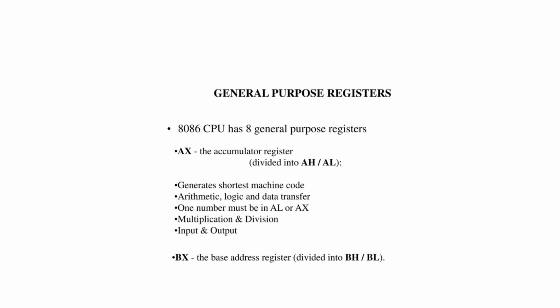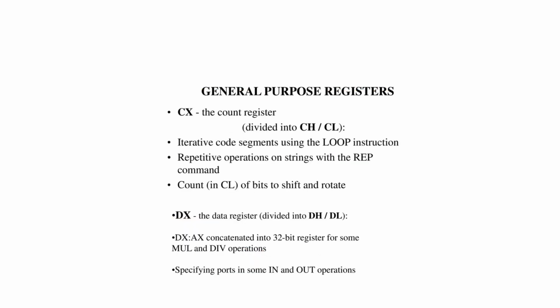Again, these general purpose registers: like already told you, AX is split as AH and AL. It can be used for multiplication and division and taking input and output. BX again, it can be used for what? Base address register. What is a base address register? That and all we will see later. And then CX, already told you, it is used especially for counting purpose.